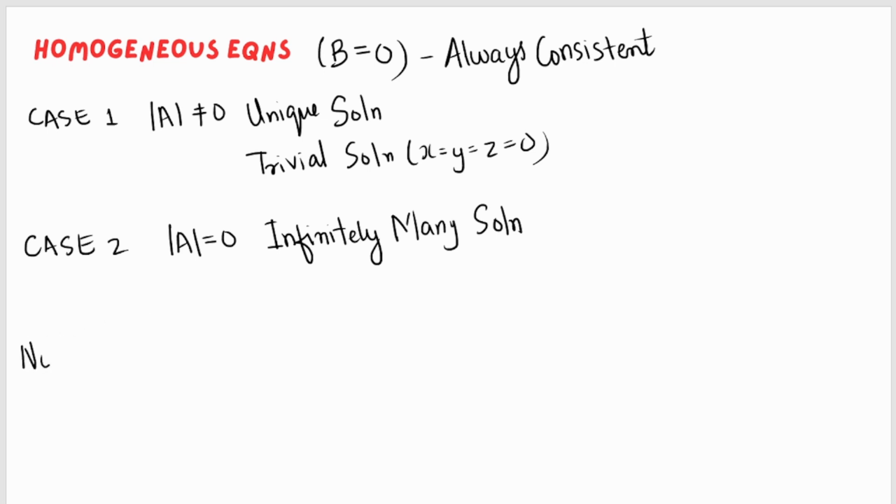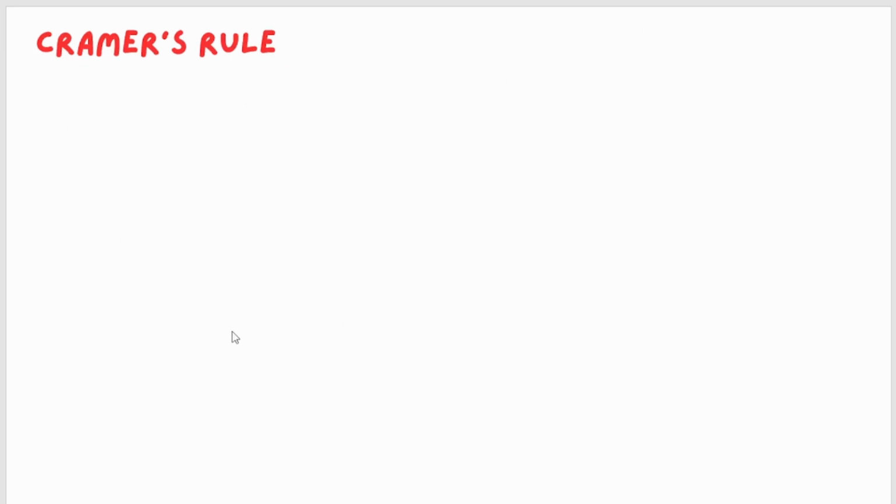Now non-homogeneous equation. Non-homogeneous equation means the matrix B will not be equal to 0. That is non-homogeneous equation. Now we will be learning about Cramer's rule.